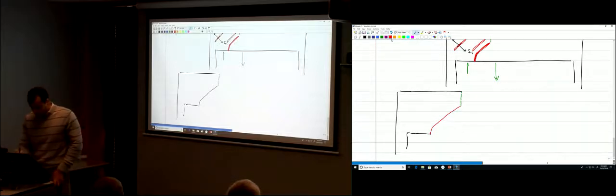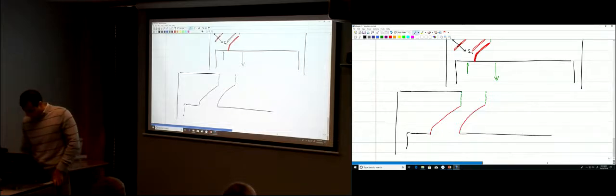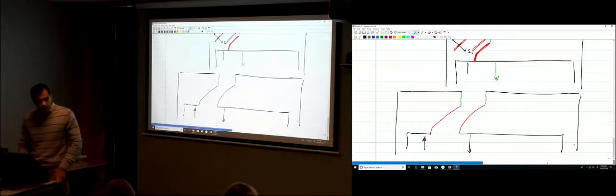And then the other part here. There is a shear force here, okay?